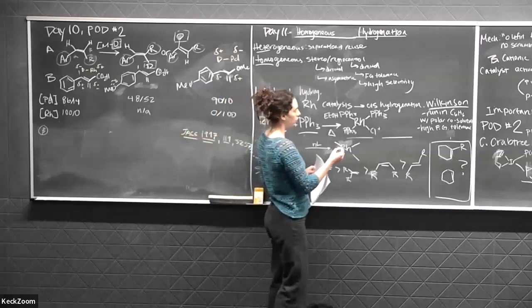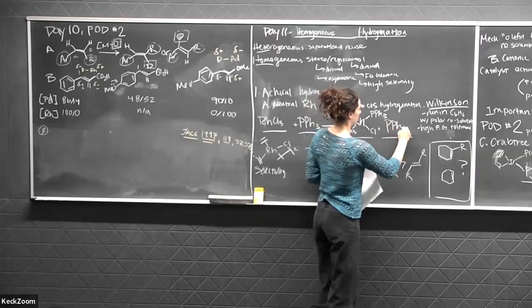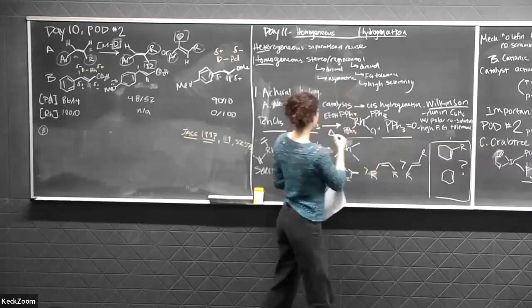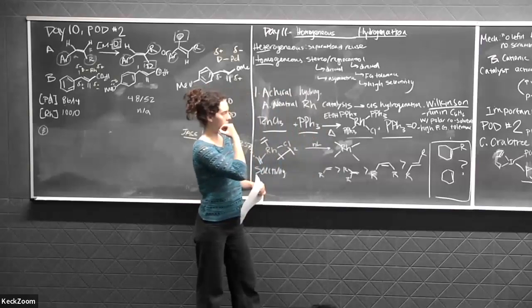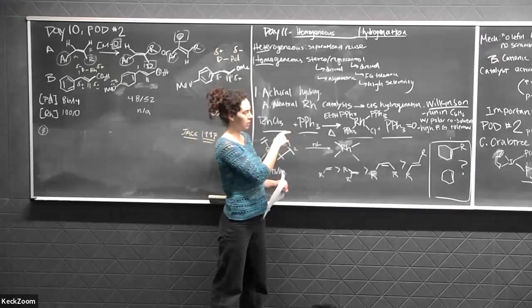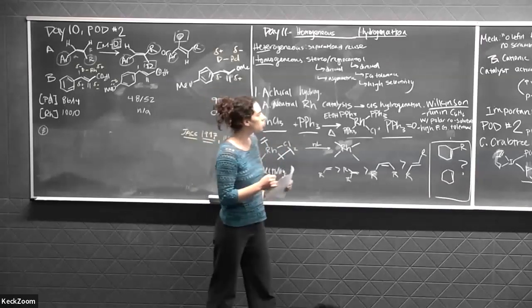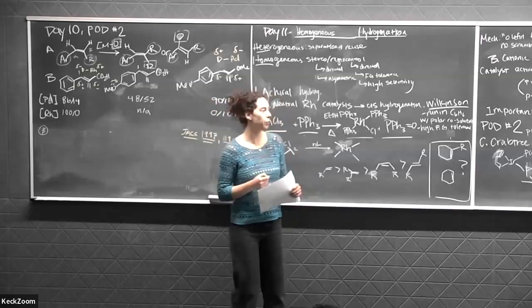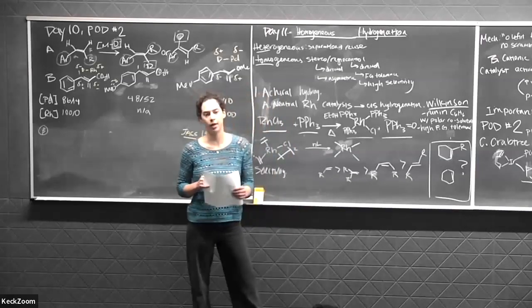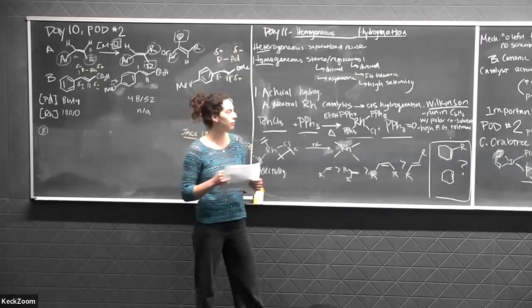Yes, we would eventually be forming the phosphine oxide because it's in the presence of an alcoholic solvent. So you would initially form the triphenylphosphine chloride, and then that could just oxidize in solution. Okay, so hydrogenations with Wilkinson's catalyst are typically run in benzene or other nonpolar solvents with a polar co-solvent.